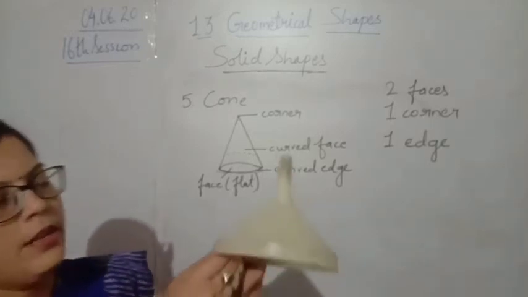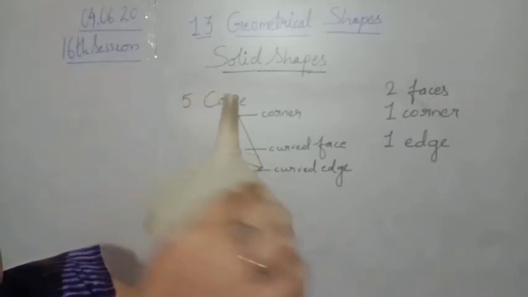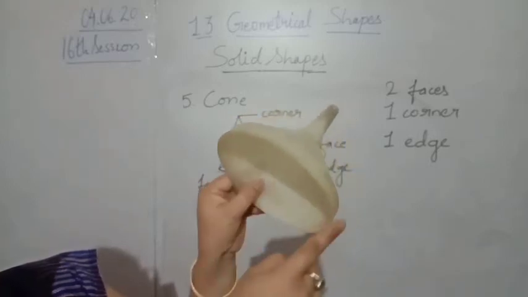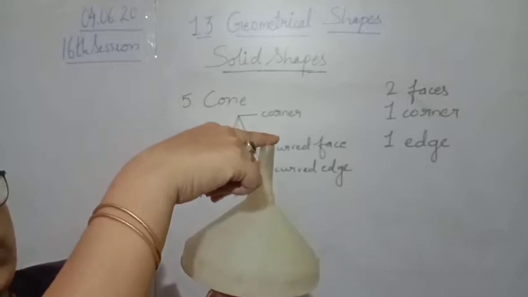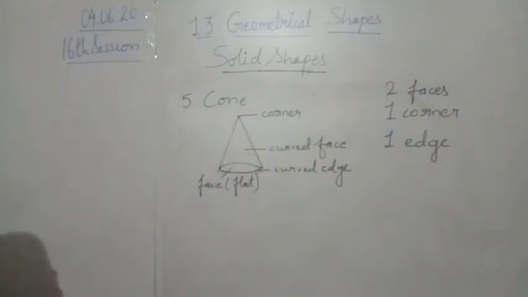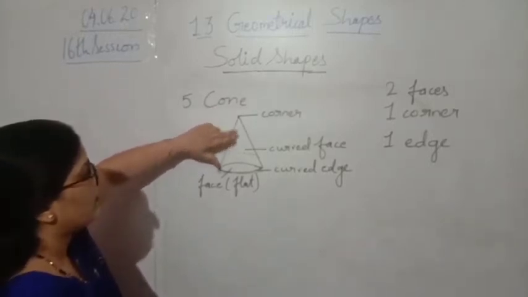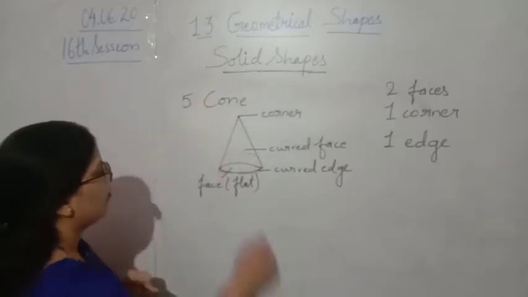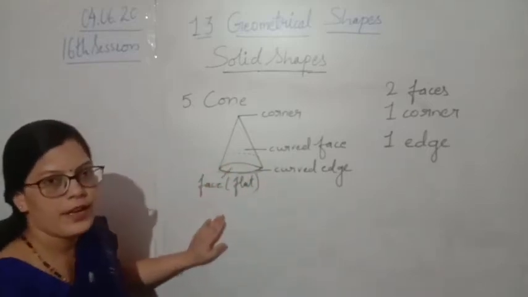So this funnel has one curved face, a curved edge, a flat face, and this is the top, one corner you can say. Clear? So a cone has 2 faces, one corner, and one edge.